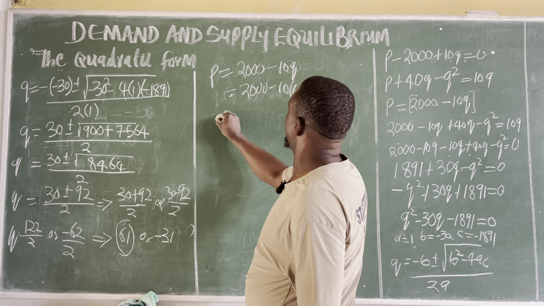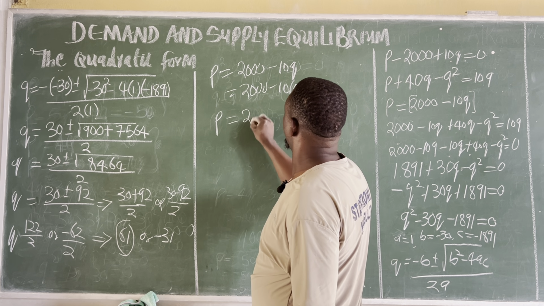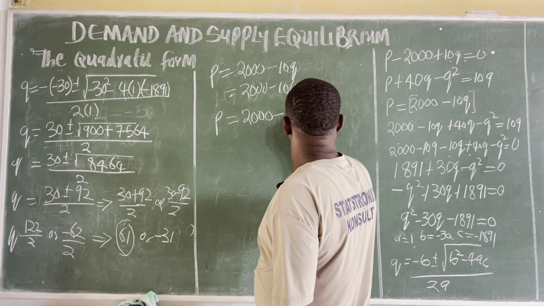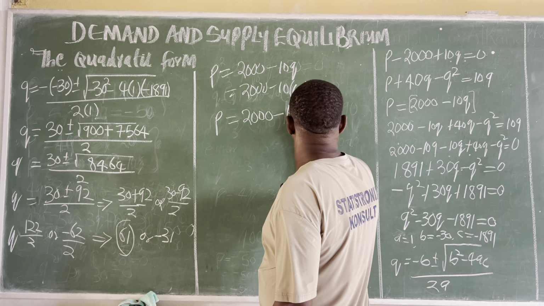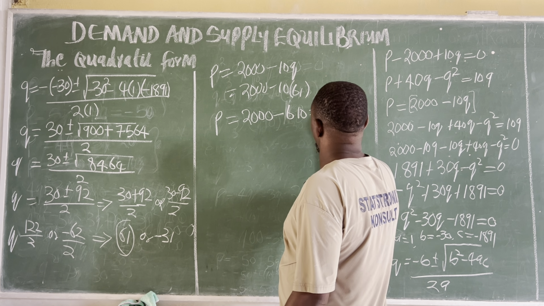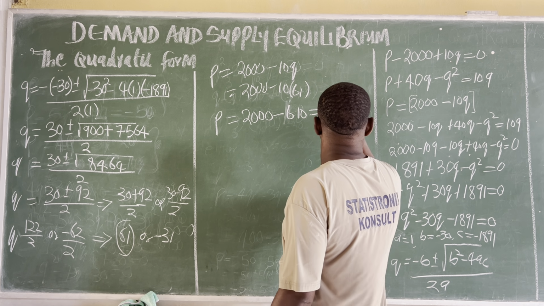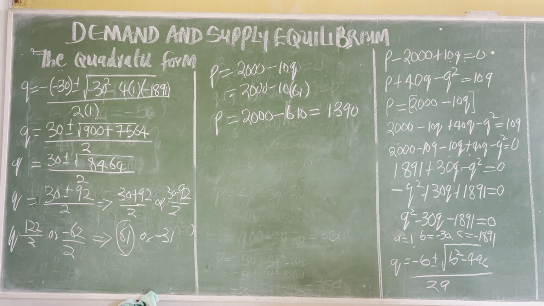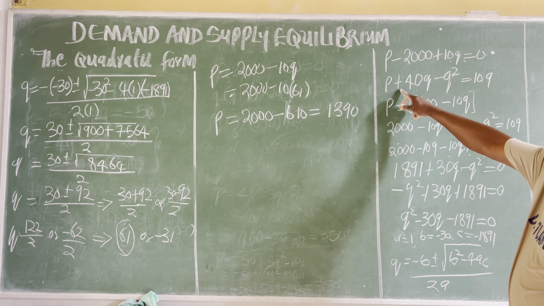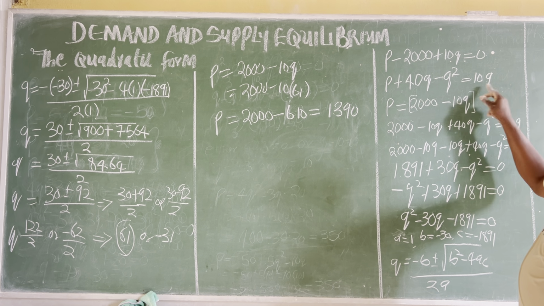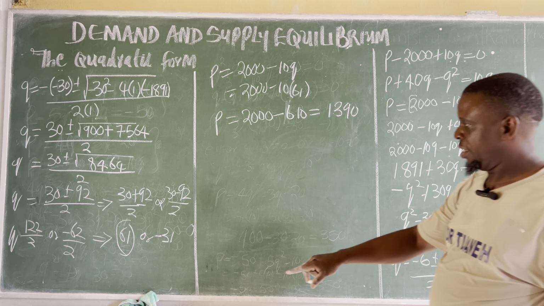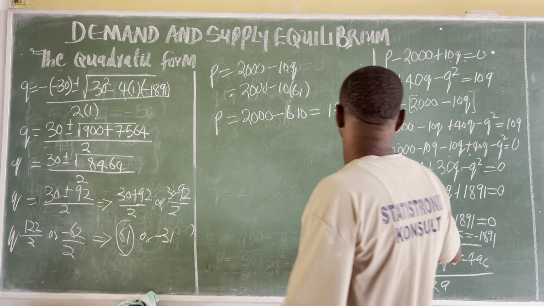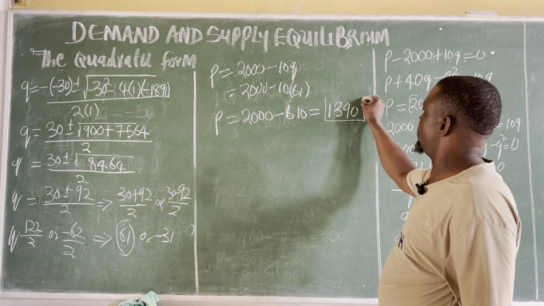So our P will be equal to 2000 minus 610, which will be equal to 1309. Okay? Again, if you also make P the subject from the other equation and then substitute the value of Q as 61, it will also give you the same value.